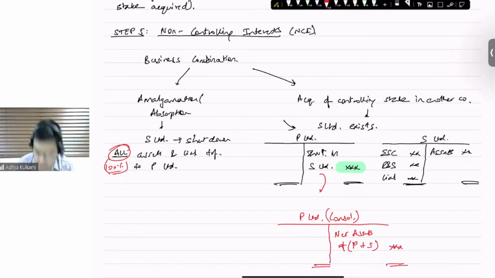Obviously, this is going to make more sense because your investment in Reliance is a representative of all the net assets of Reliance. Similarly, the investment of Reliance in the subsidiaries is a representative of the net assets of the subsidiaries. And therefore, it is going to make infinitely more sense to us when we remove the investment in S Limited and replace it with the net assets of S Limited in the financial statements.